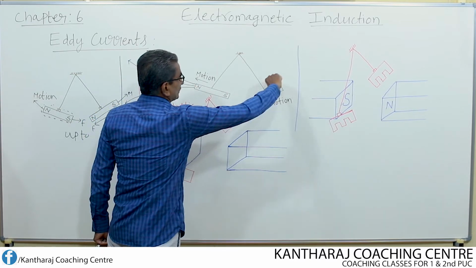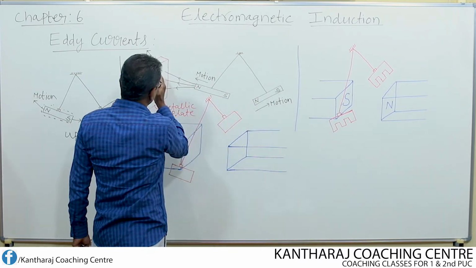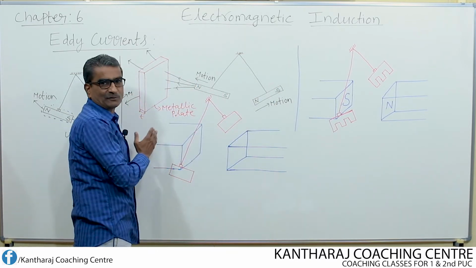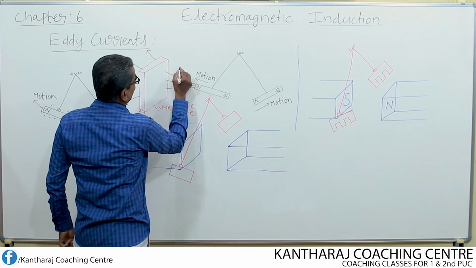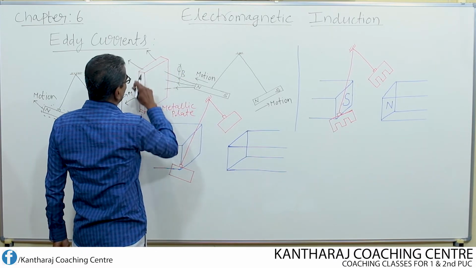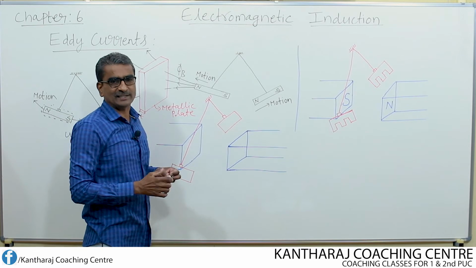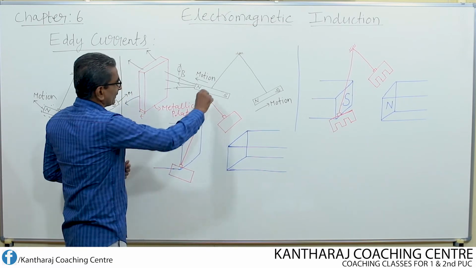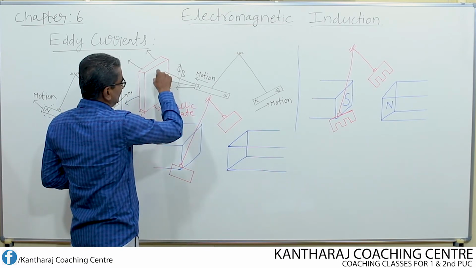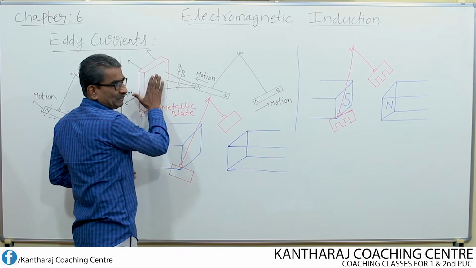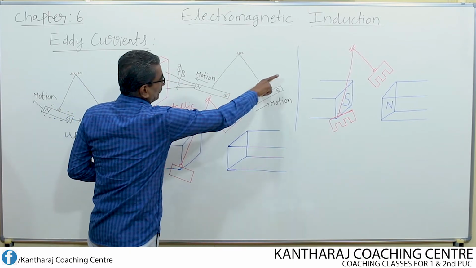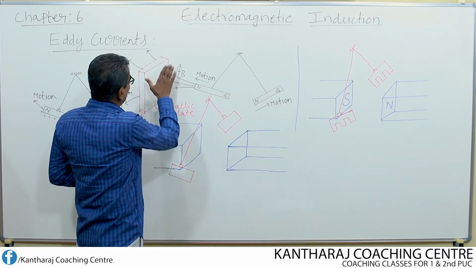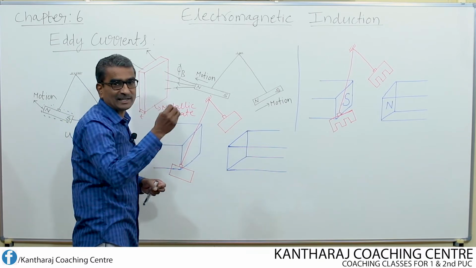Similarly, when the north pole moves away from the plate, the magnetic flux, let us represent that by phi b, linking with the same plate goes on decreasing. That means when the north pole moves towards the plate, magnetic flux linking with the plate increases, and when it moves away, the flux goes on decreasing.